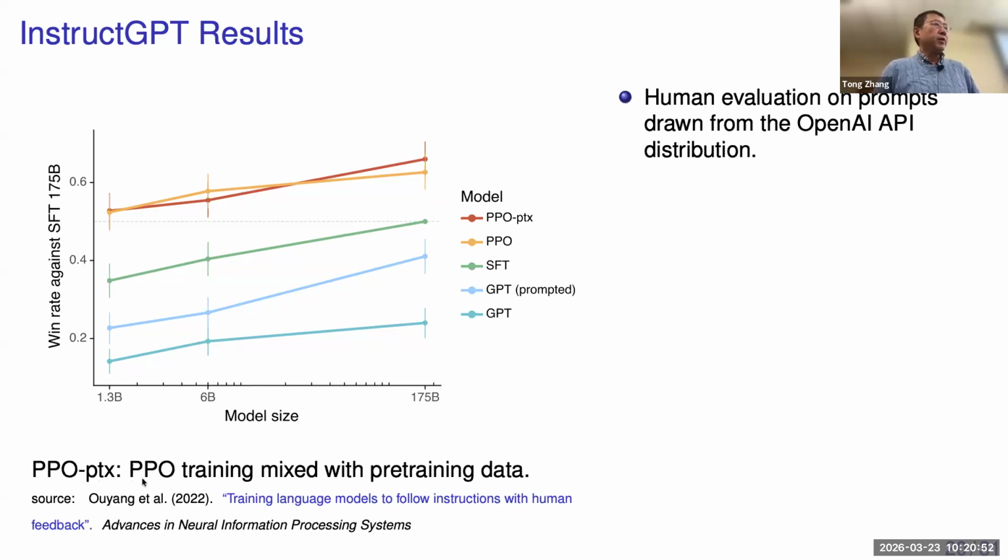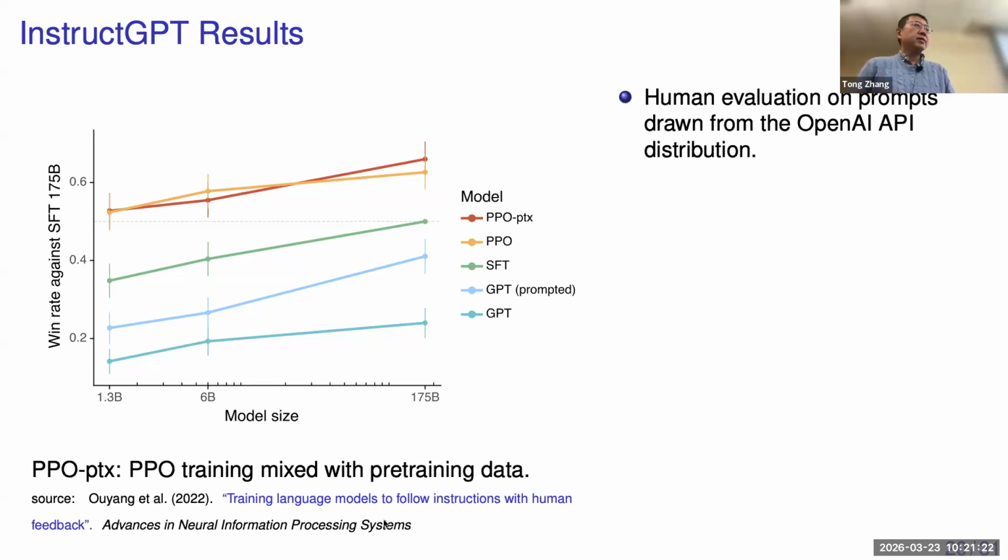Basically, PPO-ptx is, remember we said that one thing we want to be careful about is once you do too much training, the model starts losing its ability on general data. So this one is mixing in pre-trained data. PPO-ptx is essentially a training mix with pre-trained data. Basically, yeah.